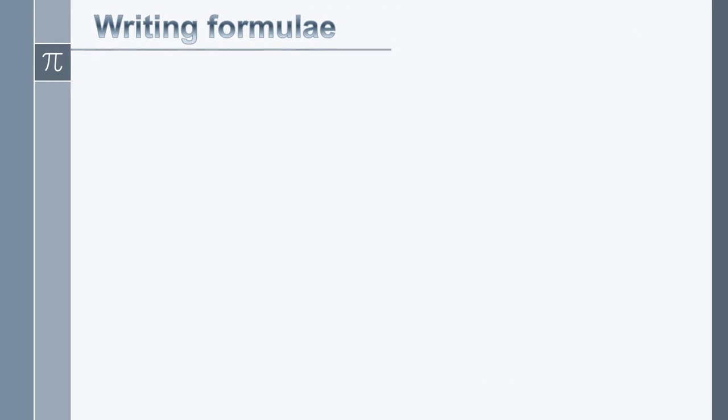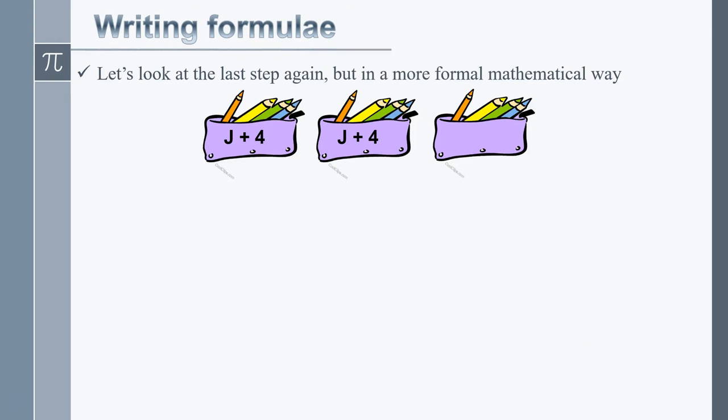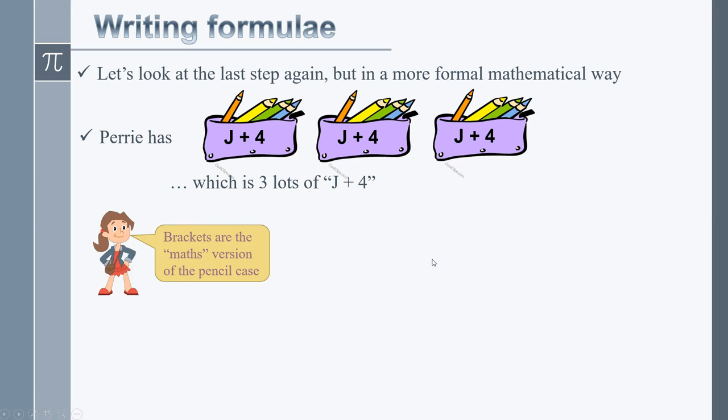Okay, the last thing I want to do is just look at that last bit again where we said about the 3 pencil cases that Perry's got. So there they are. There's our 3 pencil cases. She's got 3 lots of J plus 4. So 3 lots of that. Now, in maths, brackets are kind of the maths version of what we've got inside the pencil case.